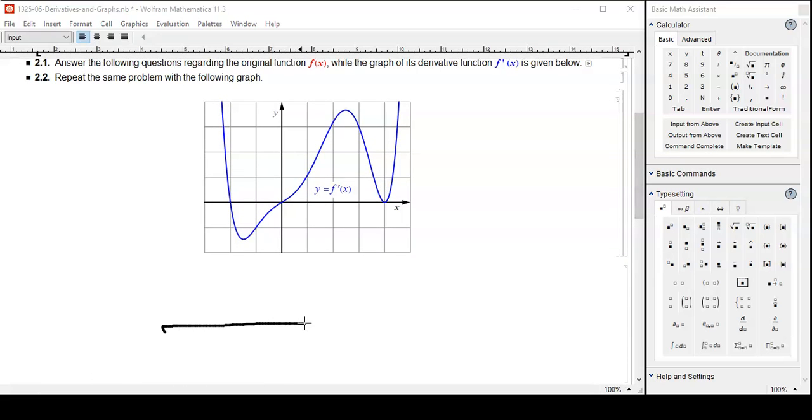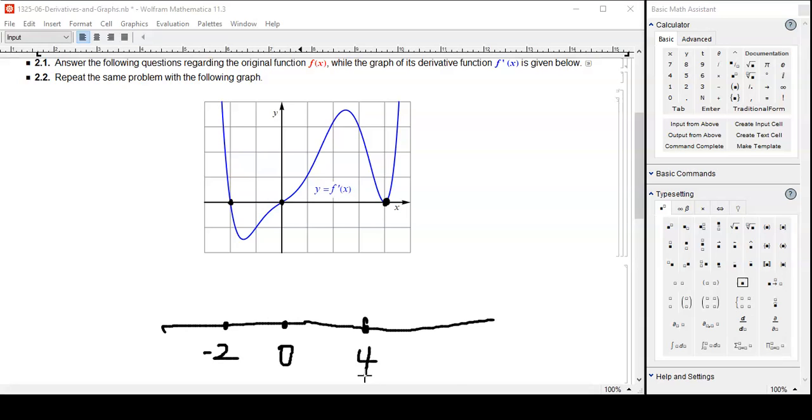Okay, we have this number line here, and then right here x equals -2, we have a critical point, the x coordinate of the critical point, right here when x equals 0, and then right here x equals 4.